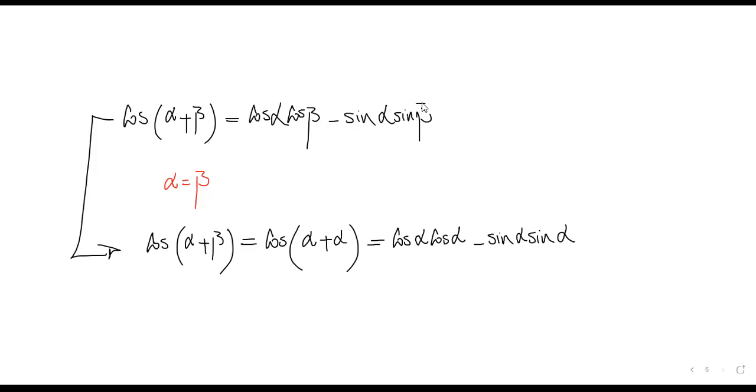We said we have cosine of alpha plus alpha. What is that essentially? Cosine of 2 alpha, am I right? I have cosine alpha times cosine alpha. What is that, Nick? Like A times A, that's A squared, or cosine squared of alpha.